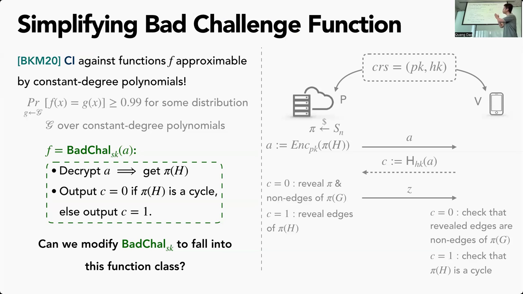So the way you choose is, first of all, you choose the calligraphic G, which is the distribution. And then your guarantee is that for every x, f of x should be equal to g of x for most of its entries when g is sampled randomly from this calligraphic G. Yep.